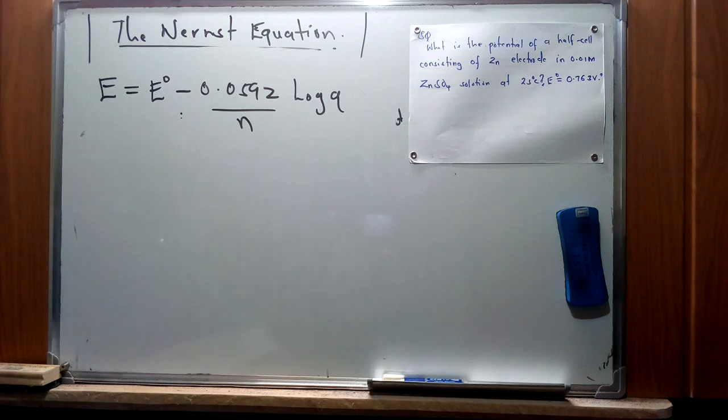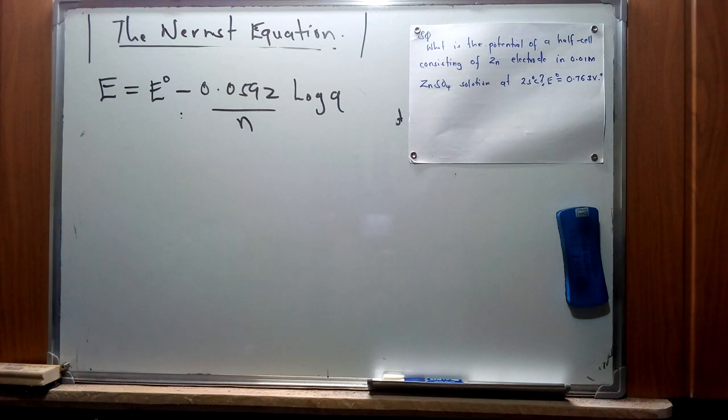So our question states: what is the potential of a half cell consisting of zinc electrode in 0.01 molar zinc sulfate solution at 25 degrees centigrade? E standard equals 0.763 volts.